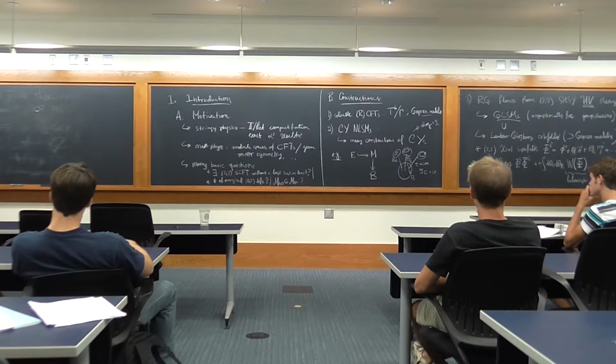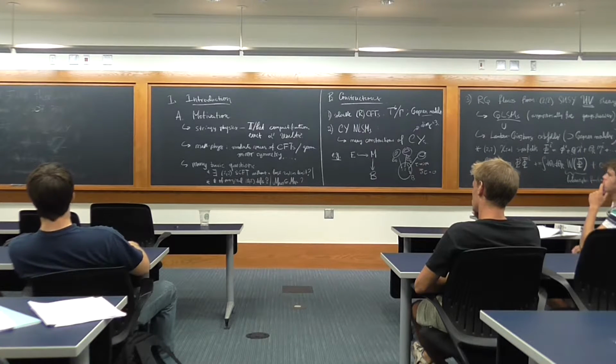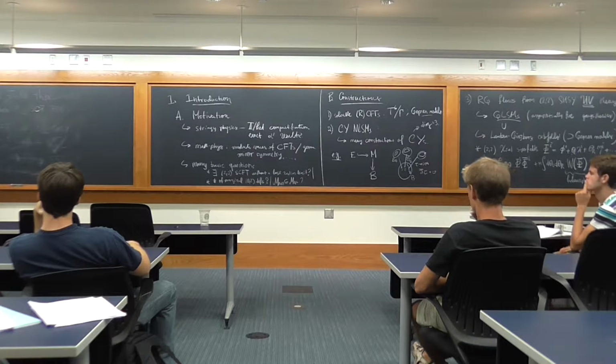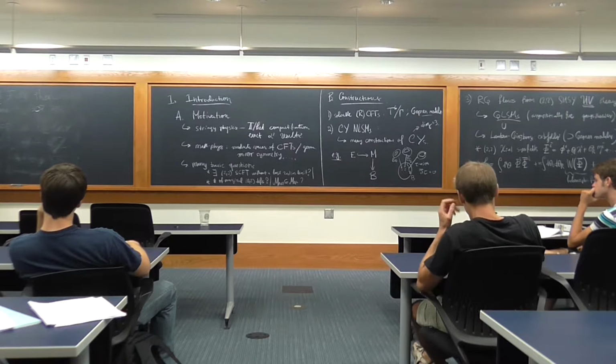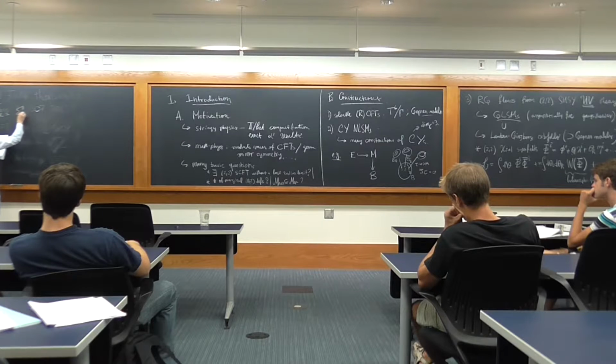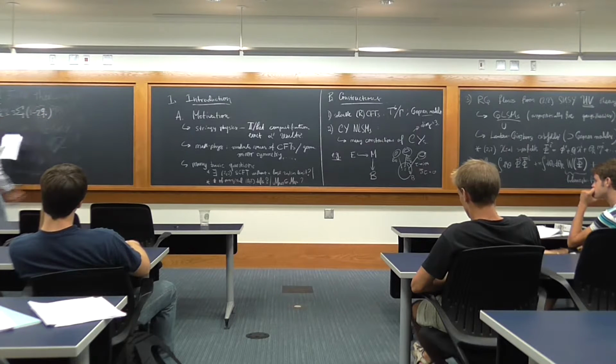And although there is still not a complete rigorous proof, there's very strong evidence that indeed this theory flows to a superconformal field theory, a (2,2) superconformal field theory, with equal central charges given by a very precise expression in terms of the left and right moving charges, these q's.